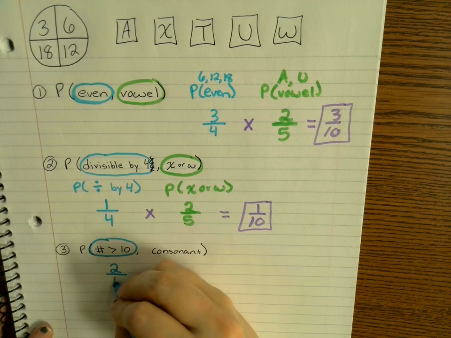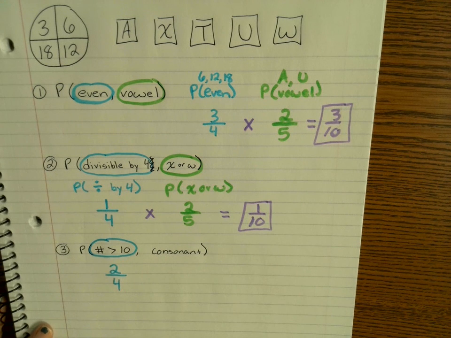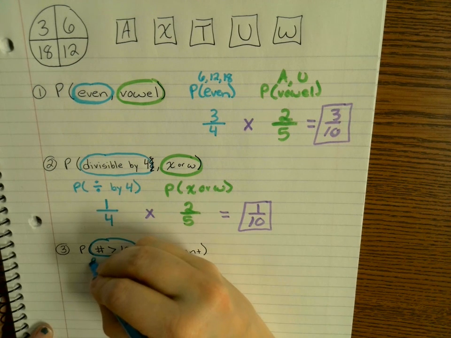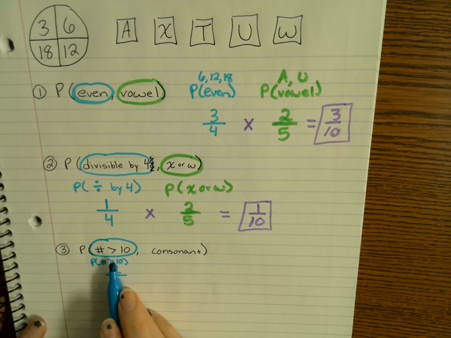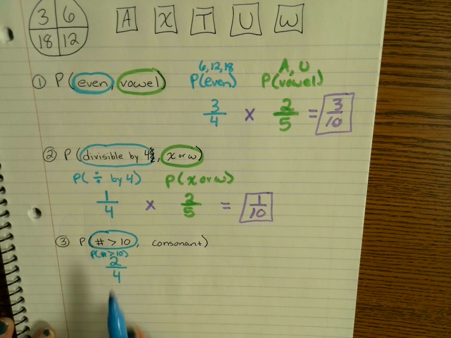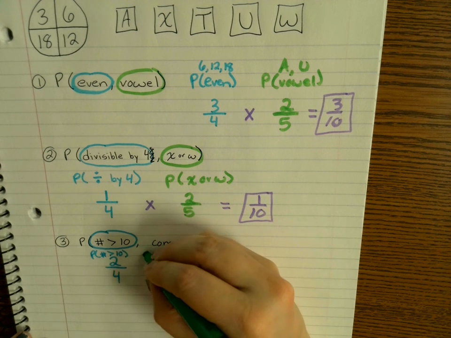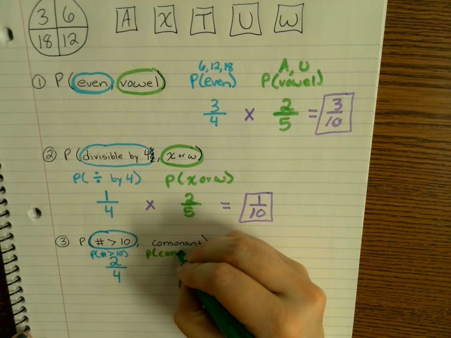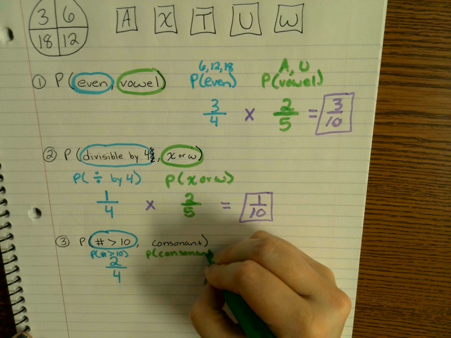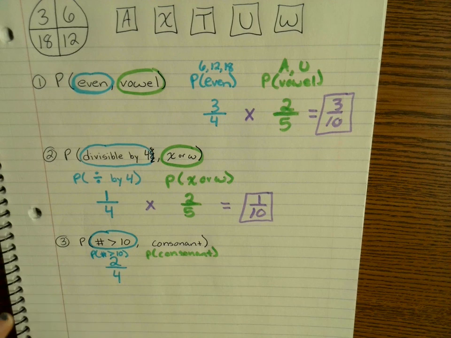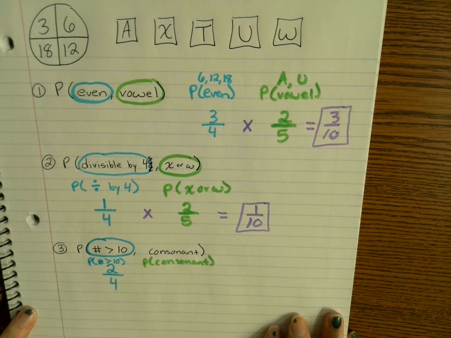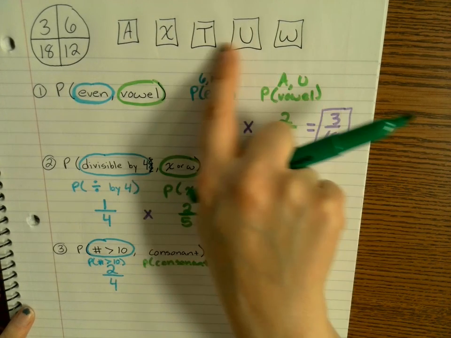The probability of getting a number greater than 10 is 2 out of 4. Okay? Now, the probability that we're going to pull out a consonant. Remember, a consonant is a letter that is not a vowel. So which letters up here are not vowels?